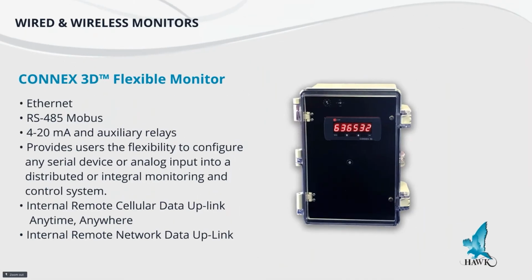Thanks. So the wired and wireless monitors begin with a platform, and it has to be a very flexible platform, because as I mentioned earlier, the platform has to be sensor agnostic. We have to have the ability to connect and communicate with any field device you may currently have in the field, as well as design a field sensor that will have the ability to communicate in the future.